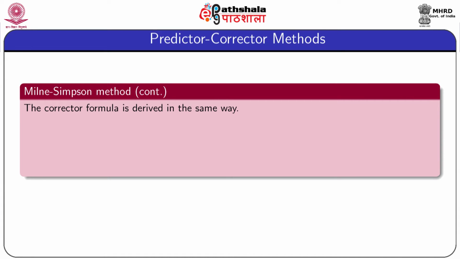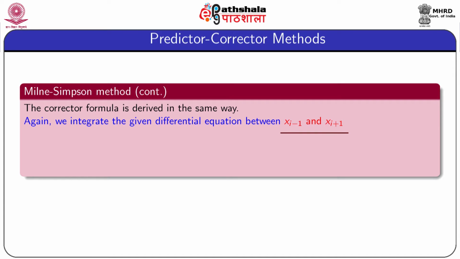Now, the corrector formula is derived in the same way, that means by replacing the function f(x,y) by Newton forward interpolating polynomial, but the integration is taken between x_{i-1} and x_{i+1}. In the predictor formula, the integration is taken between x_{i-3} and x_{i+1}, but in the corrector formula, the integration is determined between x_{i-1} and x_{i+1}.